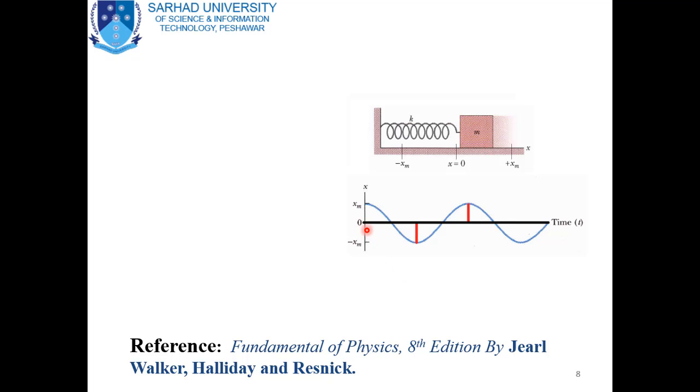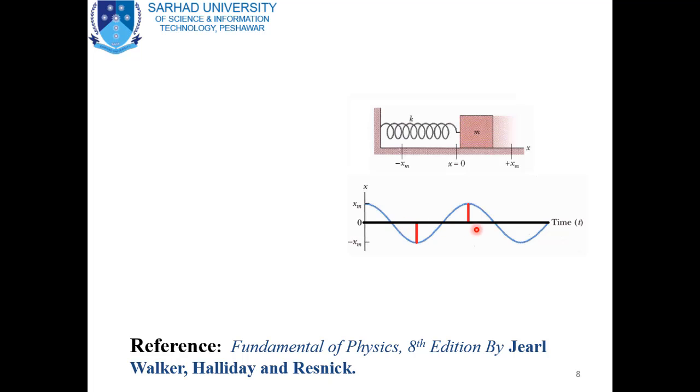At t equal to 0, the object starts from the maximum displacement on the right hand side, and these vertical red lines indicate the maximum displacement on the right hand side.